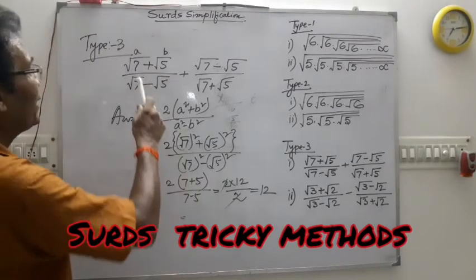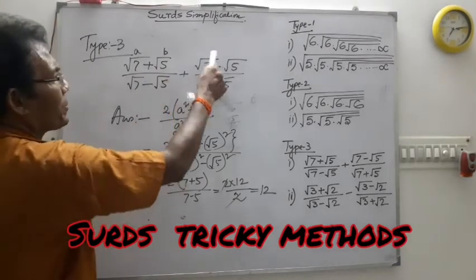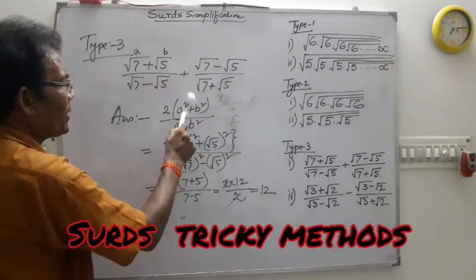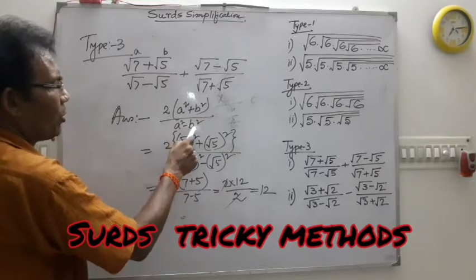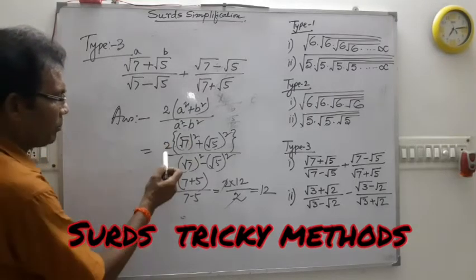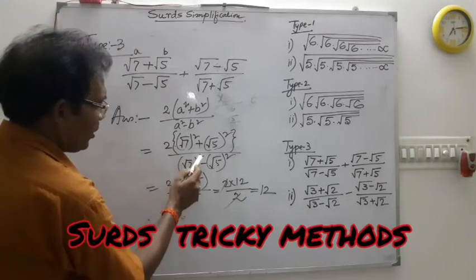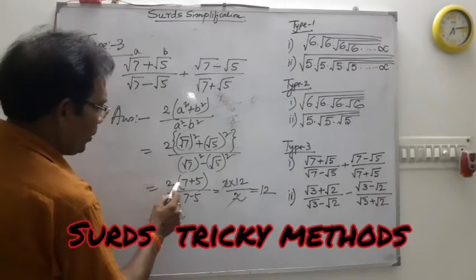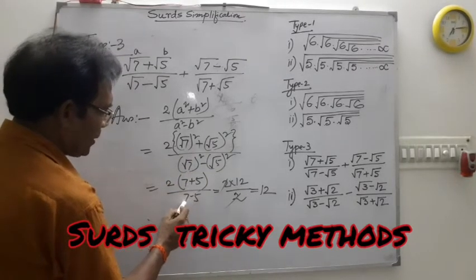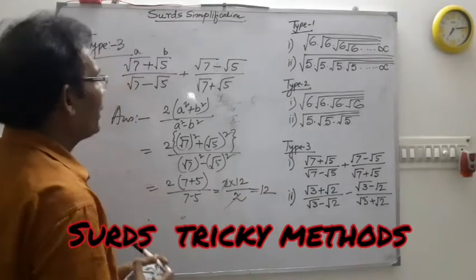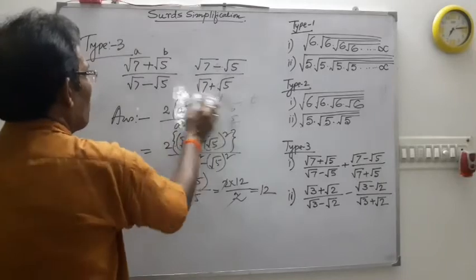Again, in case of plus, the answer will be 2 into (A square plus B square) divided by (A square minus B square), that is 2 into (7 plus 5) divided by (7 minus 5). So the answer is 12.